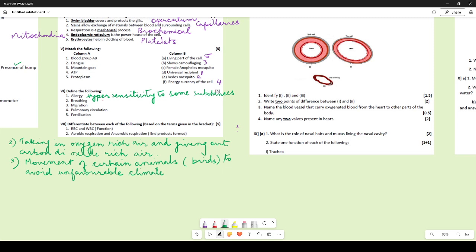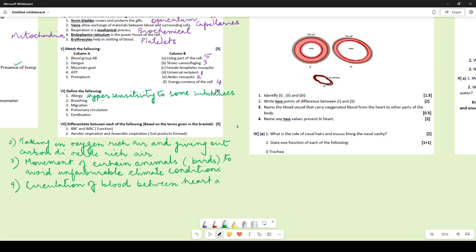You can write this, or you can also write it is the movement of animals or birds from colder climates to warmer climates. That is also correct. Now pulmonary circulation. Pulmonary circulation means the circulation of blood from, or the circulation of blood between heart and lungs.